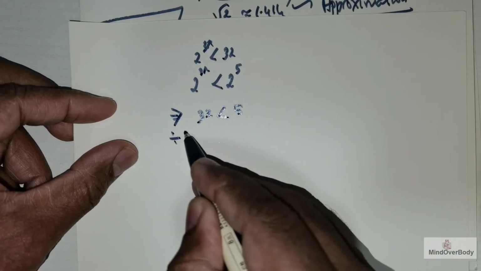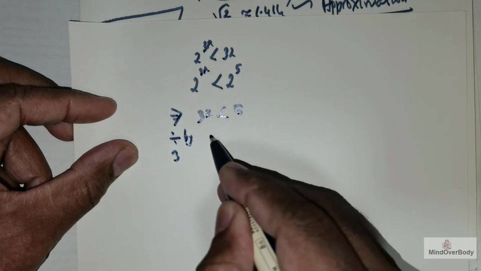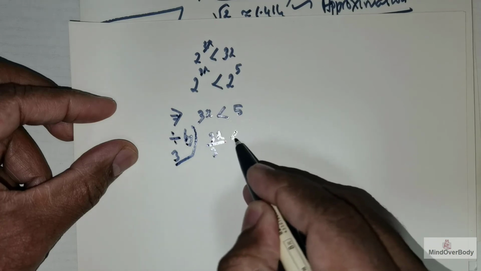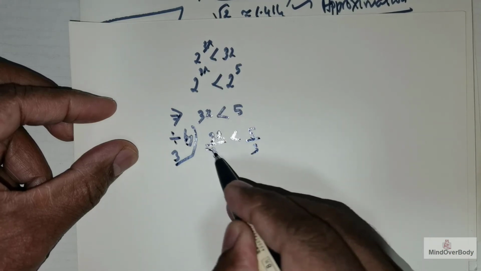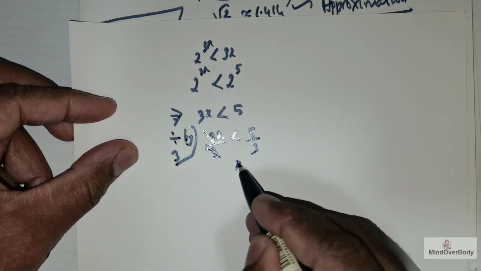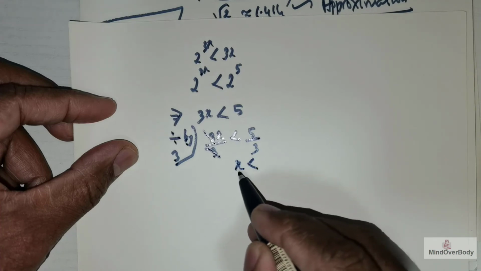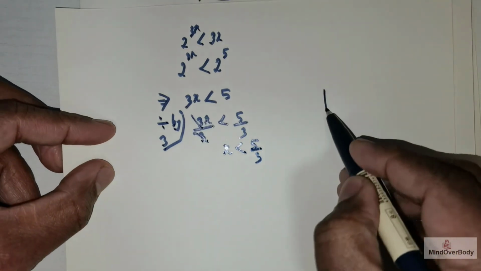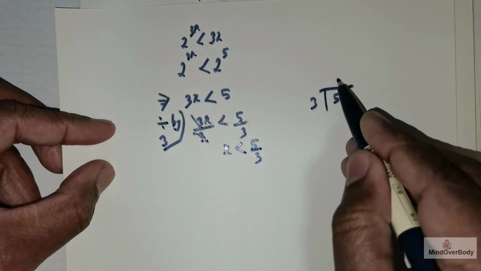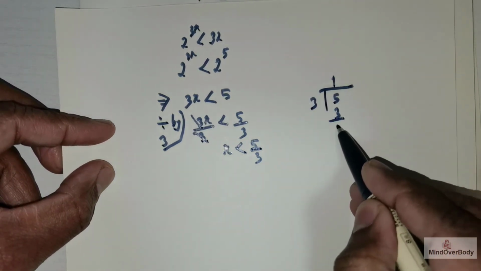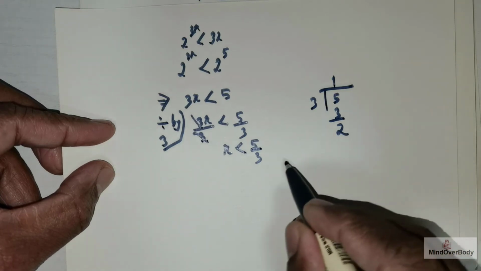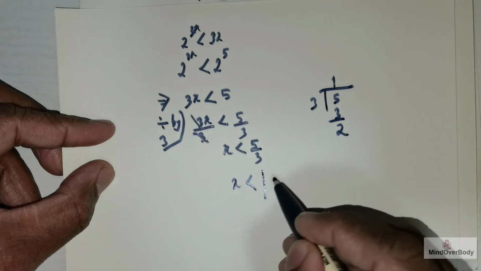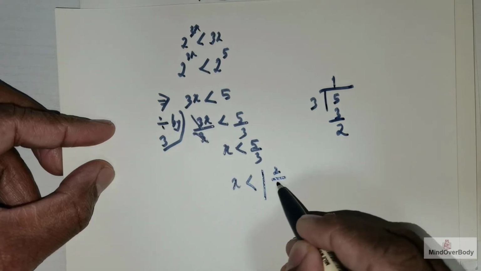So I'm dividing by 3 both sides. When I do that, I get 3x divided by 3 less than 5 over 3. The 3 gets cancelled. Now I've got an inequality where x is less than 5 over 3. If you divide 5 by 3, 3 divides 5 once and you get a remainder 2, so I can rewrite this as x is less than 1 and 2 over 3.